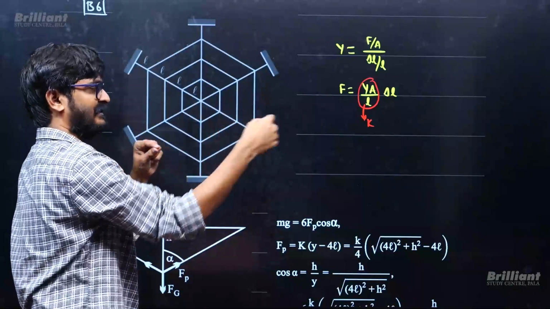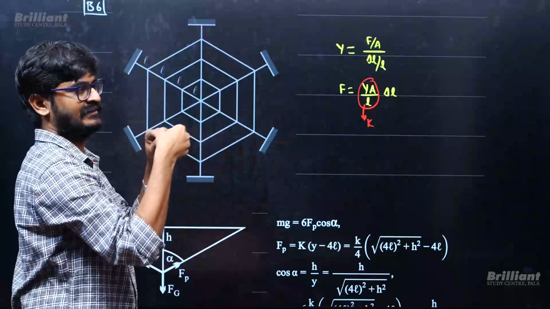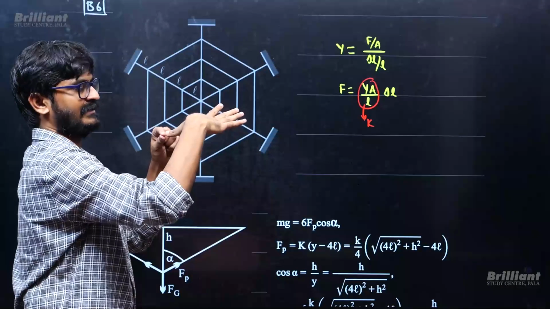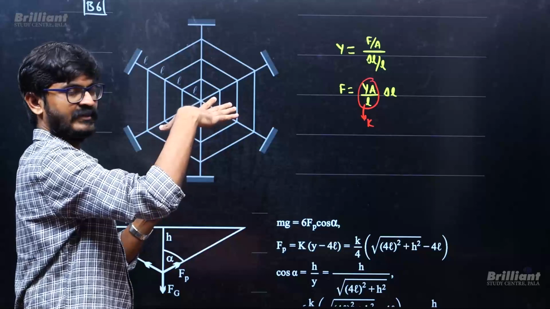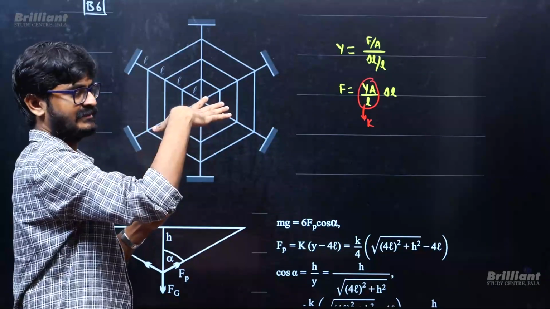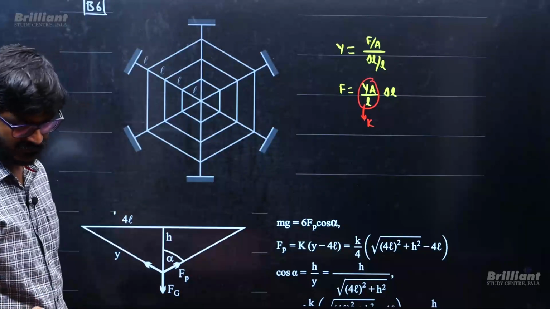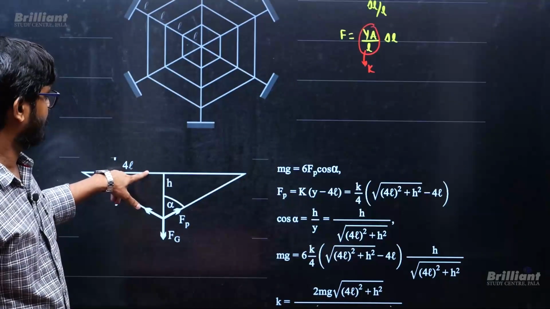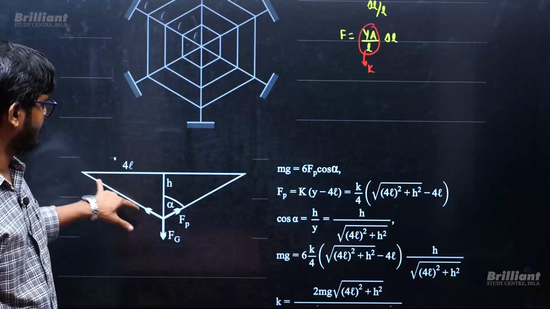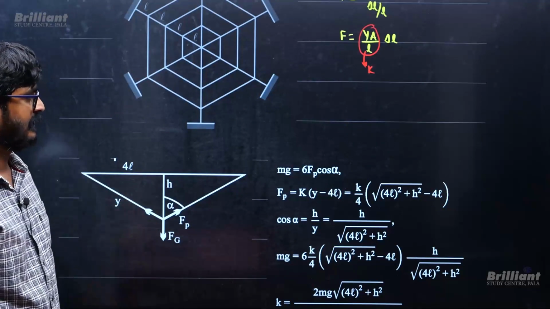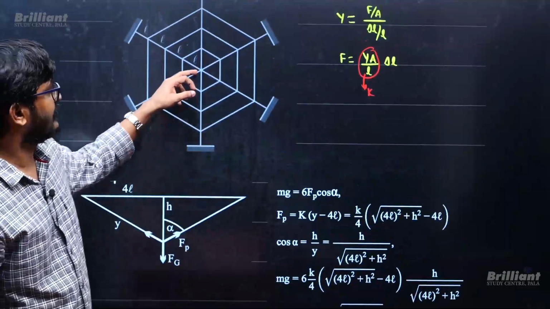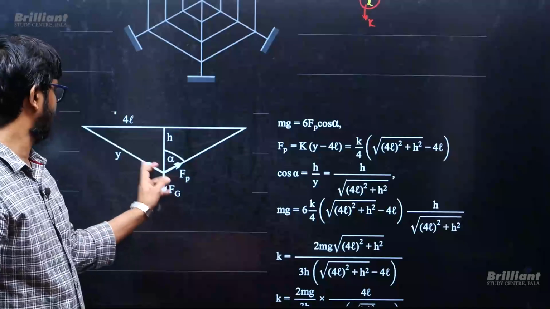Assume the thread is like this. So this length is 4L, and when it goes down by distance h, the length is going to become root of 4L square plus h square, which they have shown here. Then the force by that thread is going to be in this direction.